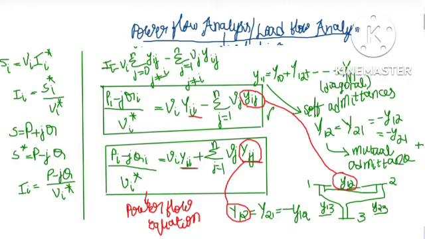So if I substitute Ii there, what will I be getting? We will get Pi minus jQi divided by Vi conjugate.